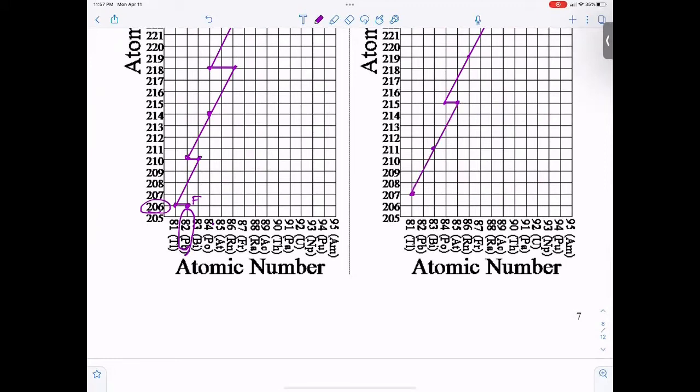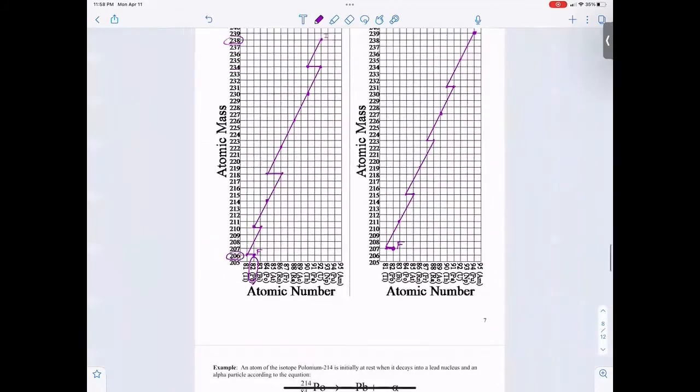Those are your 2 alphas, followed by 1 beta, which puts you right at lead 82 with 82 protons and 207. So this is lead 207. That's going to be our final daughter nucleus right there.